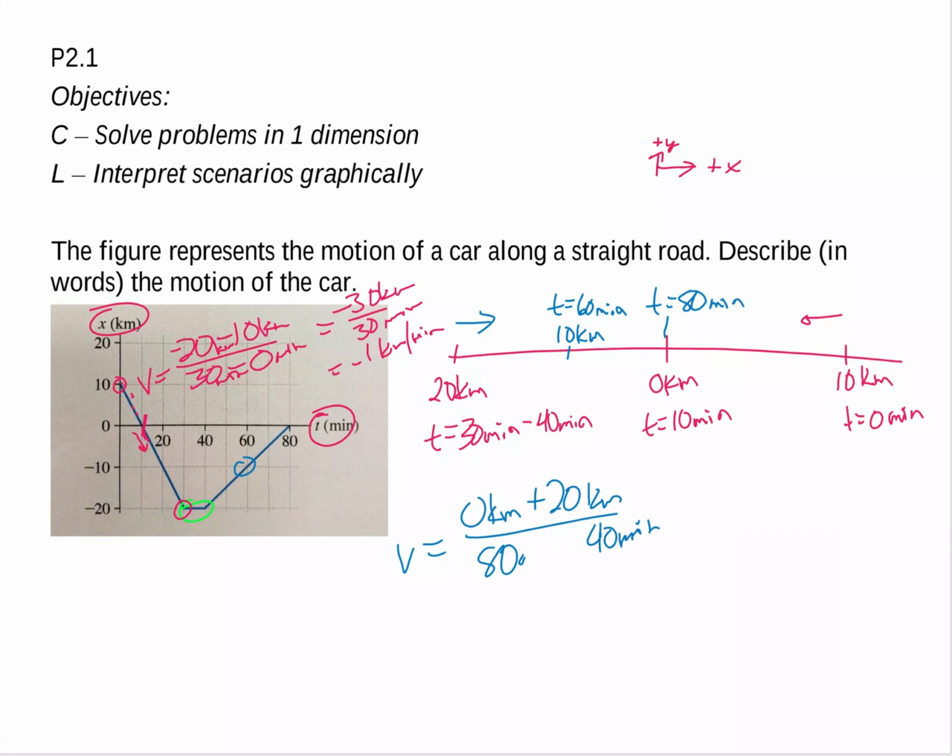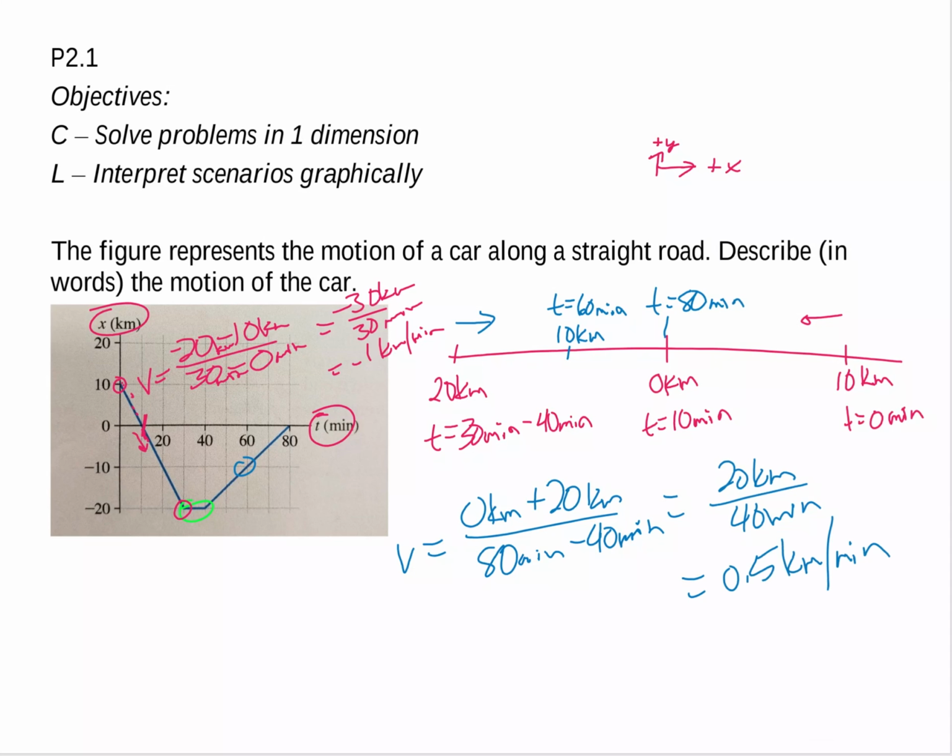All right, what do we get? 20 kilometers over 40 minutes, which is 1 kilometer every 2 minutes, or 1/2 a kilometer per minute, or 0.5 kilometer per minute.